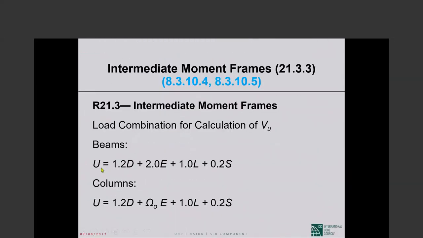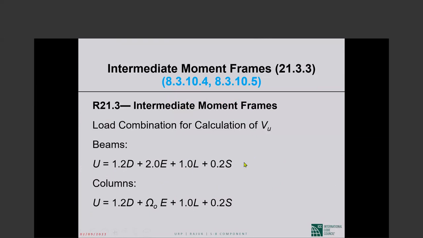So we have two seismic load combinations. Remember, this is the additive, there is a counteractive load combination. The maximum shear will come from the additive load combination. So the counteractive is not in the picture.